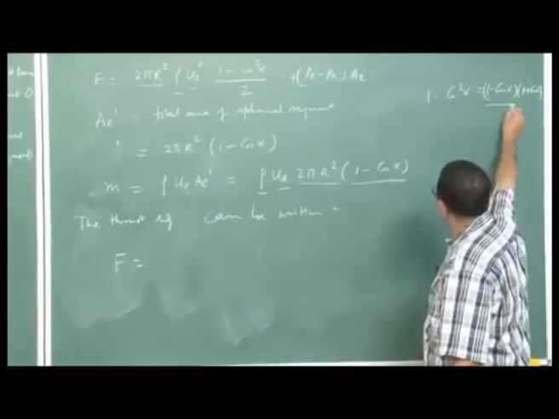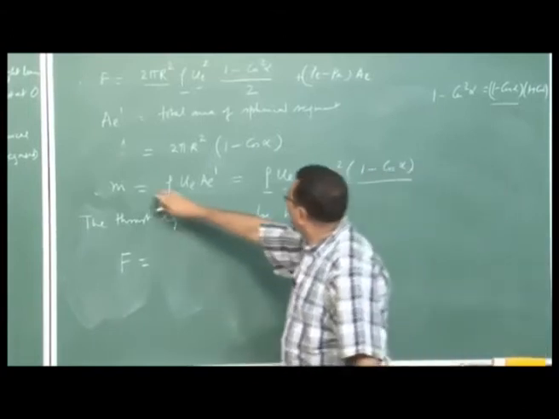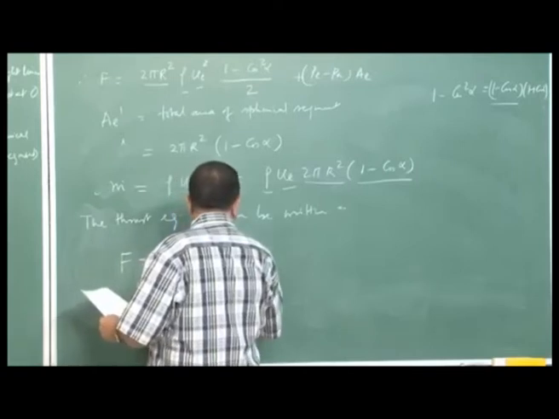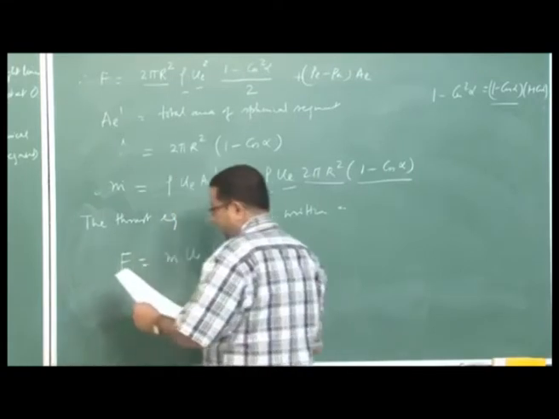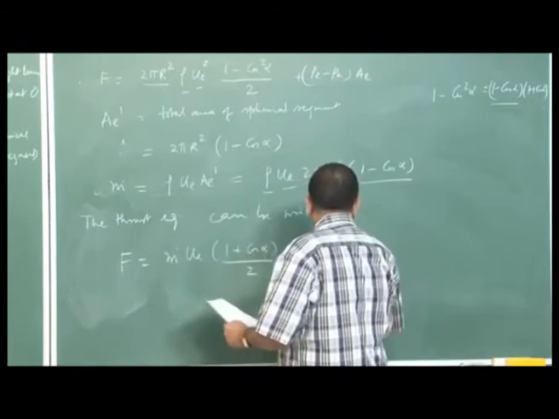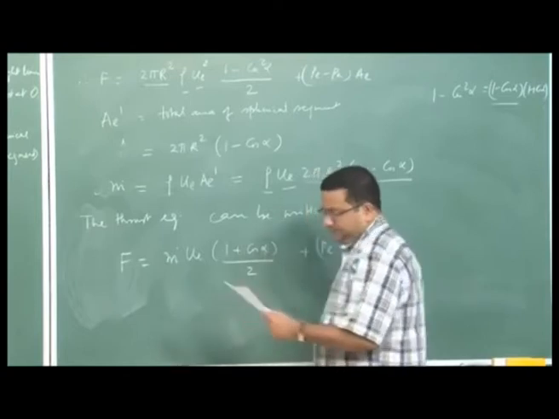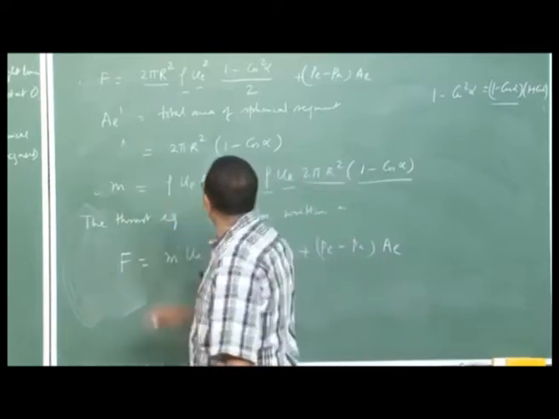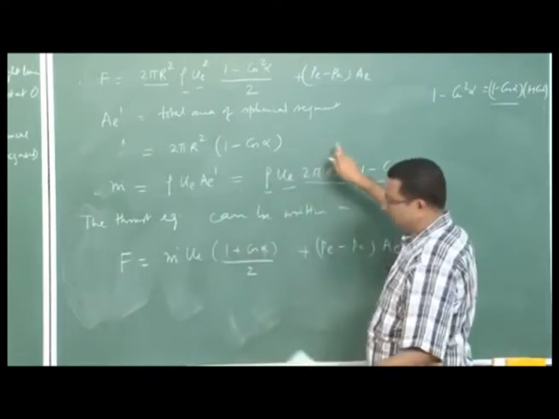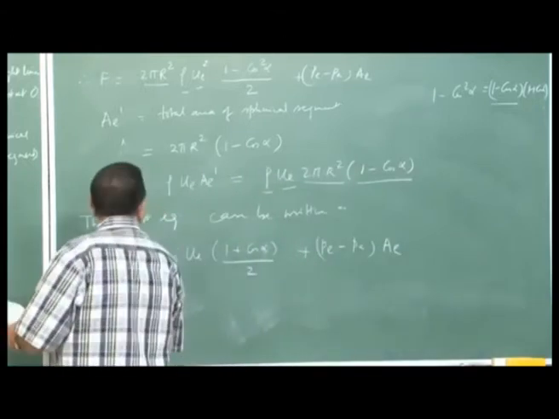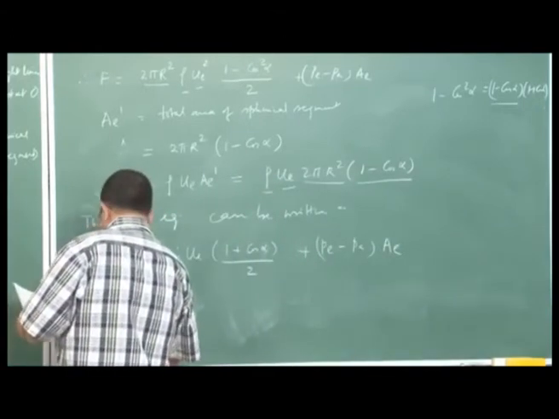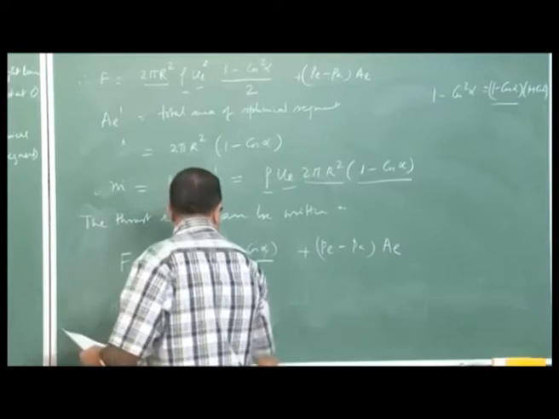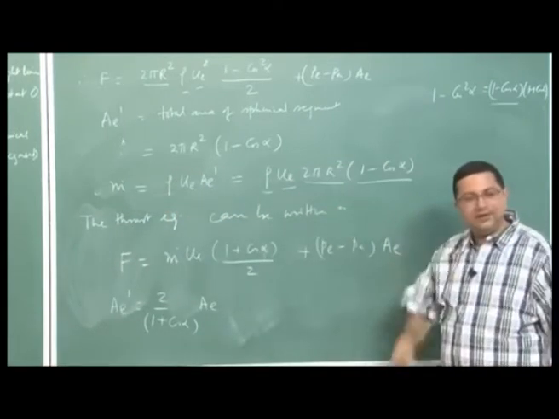So, m dot is present here, and it becomes equal to m dot u e times 1 plus cos alpha by 2, plus P e minus P a times A e. If I look at this A e dash, this is also nothing but equal to 2 times 1 plus cos alpha times A e.